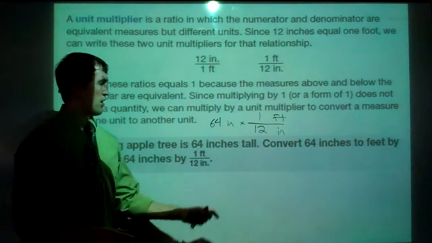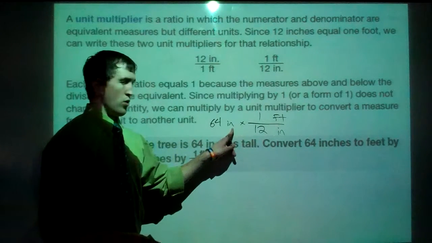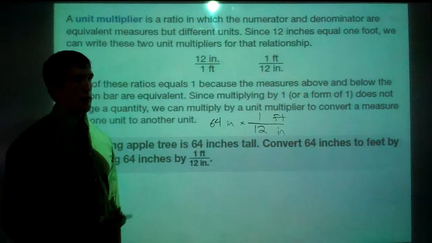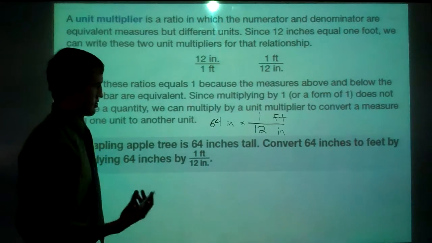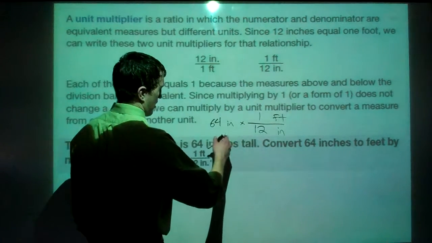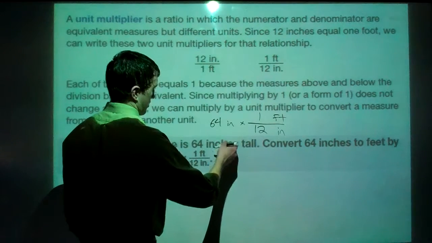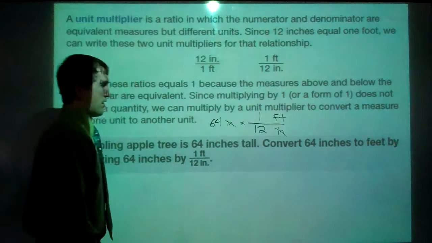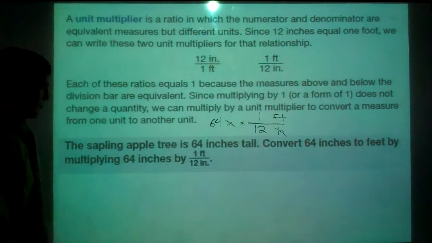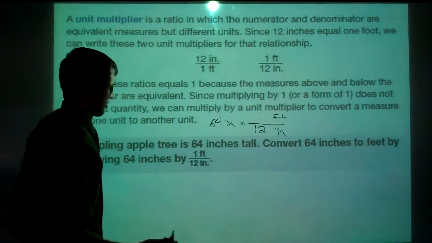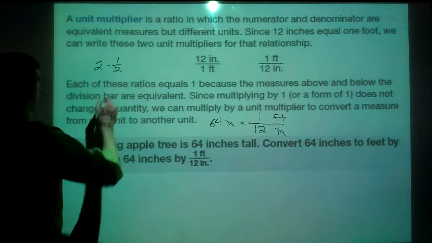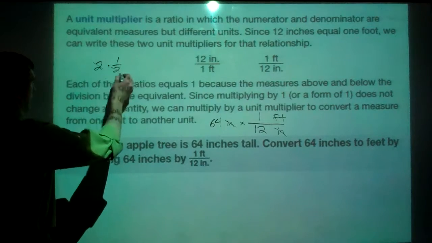The reason why whatever you start with, unit-wise, so inches goes in the bottom here, is because units cancel out just like numbers would. So 64 inches and 12 inches, these will cancel out since we're multiplying. It would be like taking 2 times 1/2. The 2's cancel out.